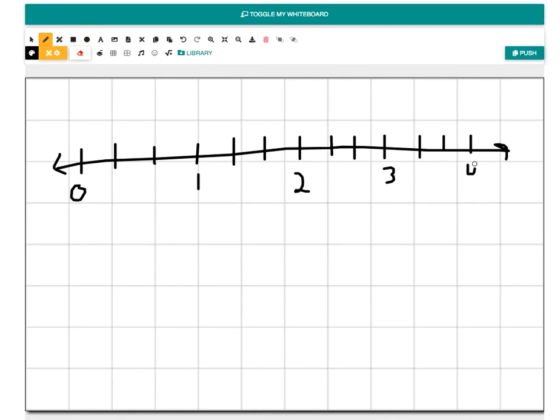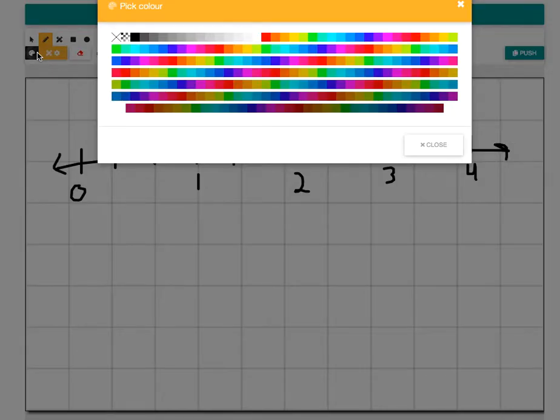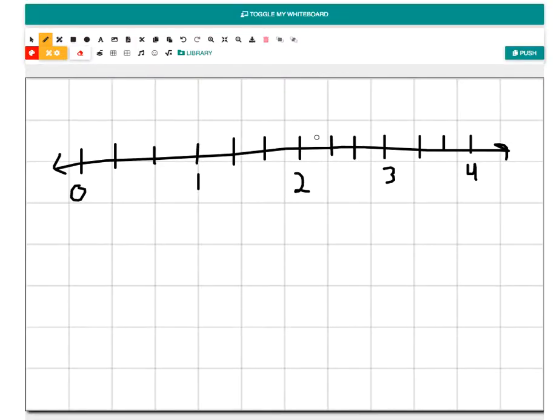So if we have it on a number line, they're going to label whatever is marked. So let's say I have right here marked. So this is the fraction I want to figure out, the mixed number.